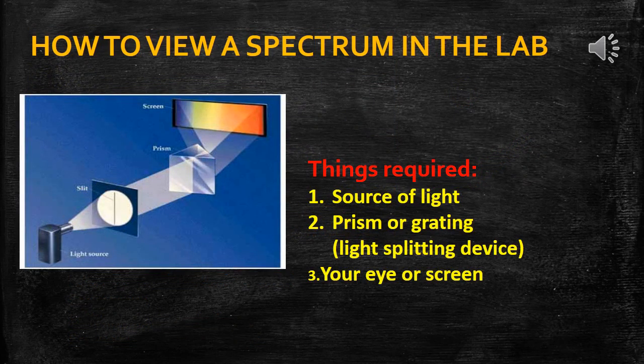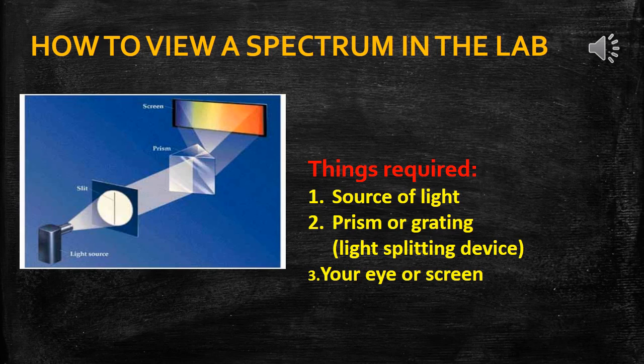Now we are going to see how a spectrum can be viewed in the lab. The first one is the light source. Any artificial lamp can be used. The light from the artificial source is made to be incident on the prism. The prism is a light splitting device.